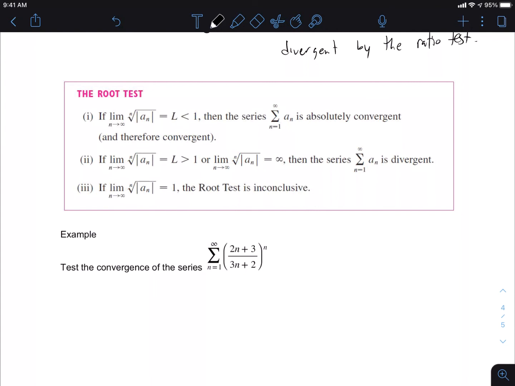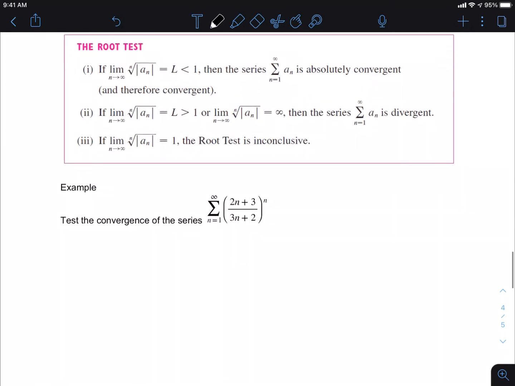All right, so for this one, again, we can see we're going to be looking at the absolute value of this thing and see what happens. So let's go ahead and see what happens. All right. So I have a to the n is equal to 2n plus 3 over 3n plus 2 to the nth.